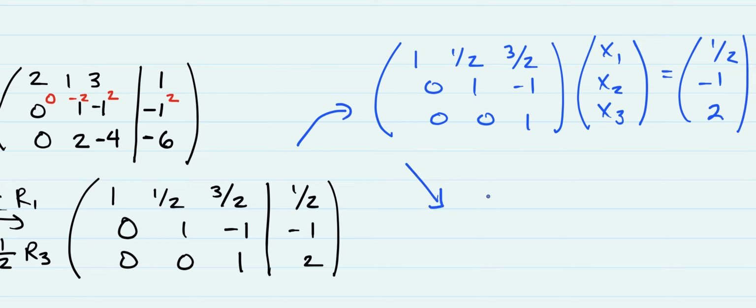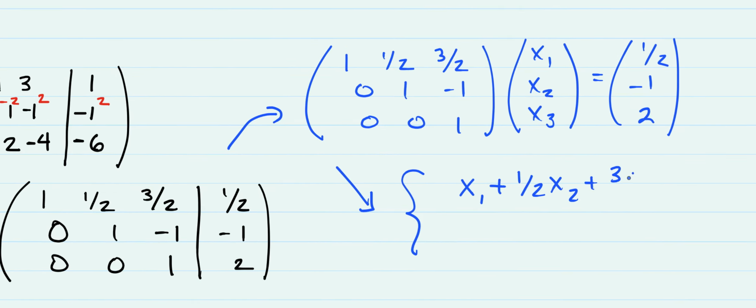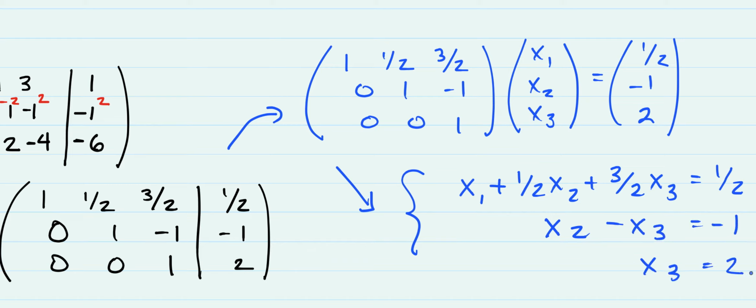And then from there, we can see that this is actually the system x1 plus 1/2 x2 plus 3/2 x3 is equal to 1/2. x2 minus x3 is -1, and x3 is equal to 2.